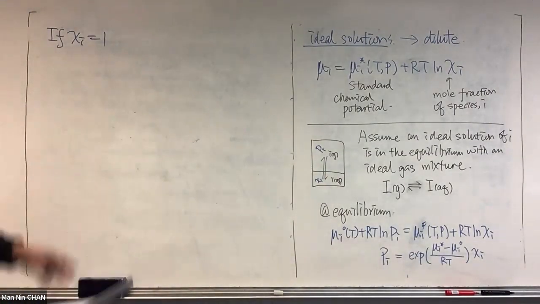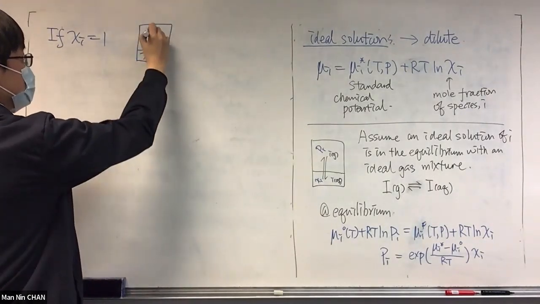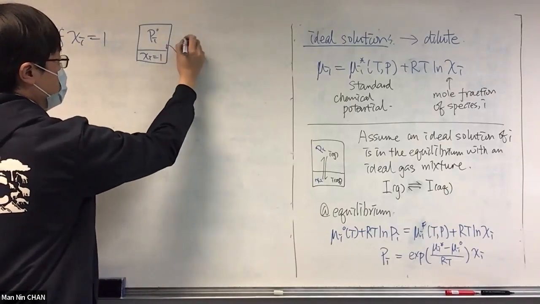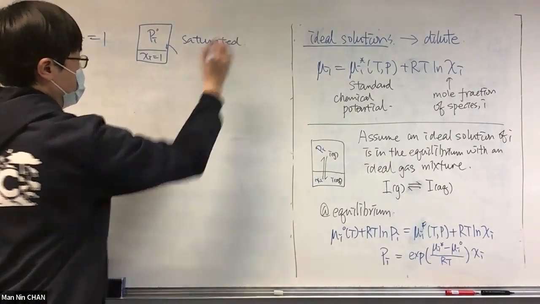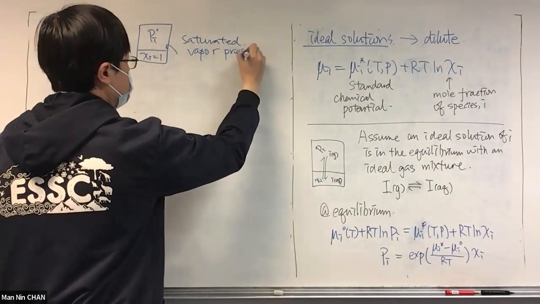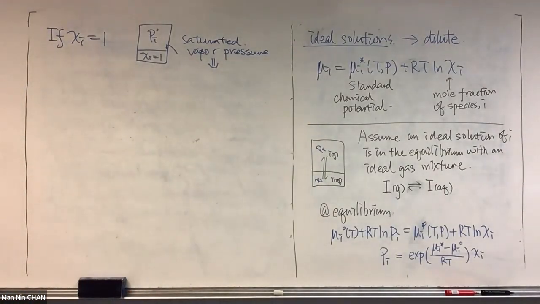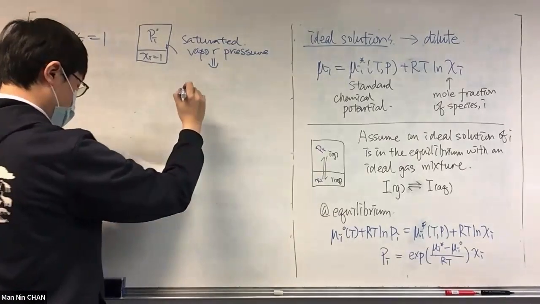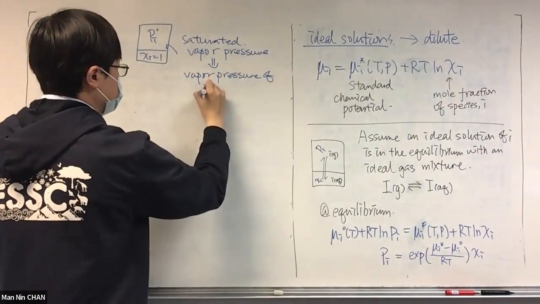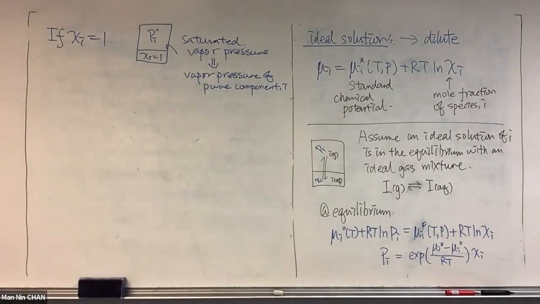And if you remember, if your solution phase has xi equal to 1, the partial pressure here is called the saturated vapor pressure, because this will be equal to the vapor pressure of your pure component I.